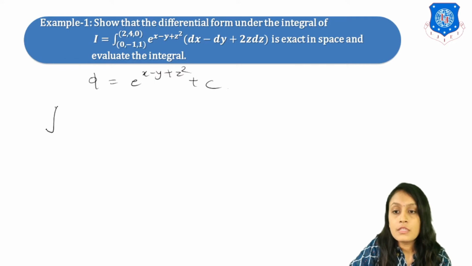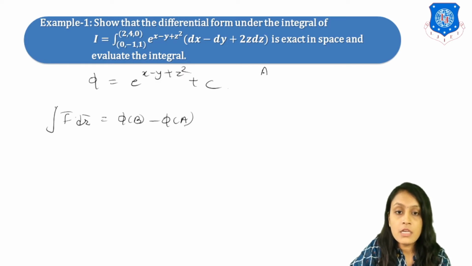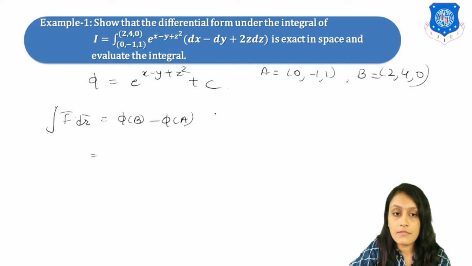Now the line integral of F dot dr is phi b minus phi a. The limits are always from a to b, so point a is (0, minus 1, 1) and point b is (2, 4, 0). We have to find phi b minus phi a.